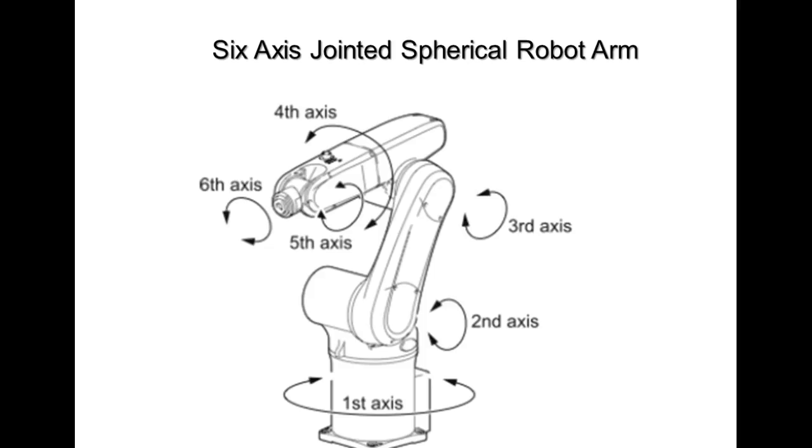We have what we call a jointed spherical robot. Now these guys have what we call an envelope or workspace that they operate in. What they'll do is, when we move them around, if we attached something to it that recorded everything, it's kind of like in photography.